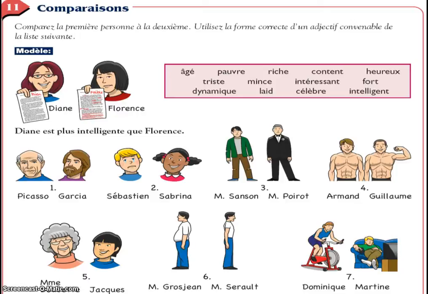de la liste suivante. Ok, so basically you're gonna get on this box here, c'est la liste: âgé, pauvre, riche, content, heureux, triste, mince, intéressant, fort, dynamique, laid, célèbre, intelligent. Hopefully you still remember what those words mean.